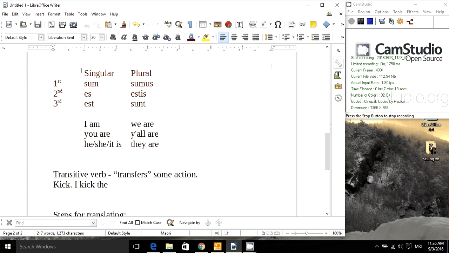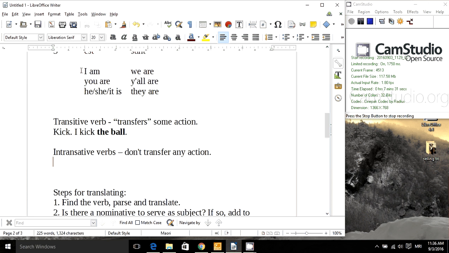I kick the ball. In Latin, the ball will be in the accusative. It takes an object in the accusative. Intransitive verbs don't transfer any energy, any action. So for example, I am tall. So tall in Latin is not going to be in the accusative.